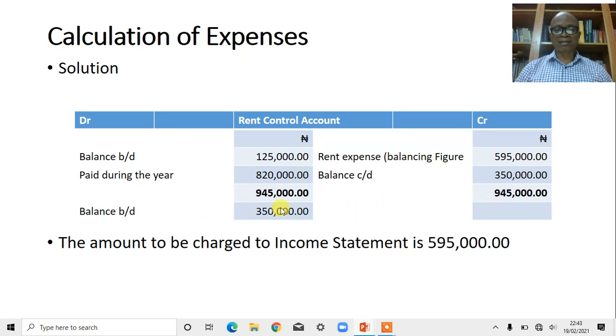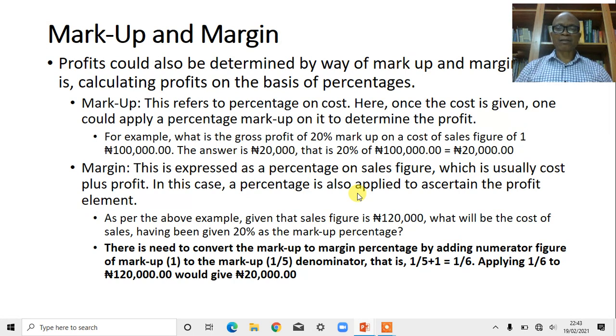At the end of the day, remember, a total amount of 820,000 was paid during the year. Adding it together will give you 945,000. But remember, we have to deduct 350,000 from 945,000 to give us 595,000 as the amount to be charged to the income statement as rent for the period. That's closing that particular aspect of it.